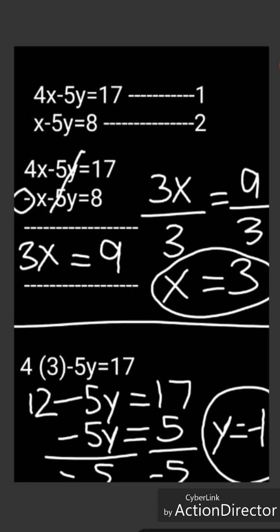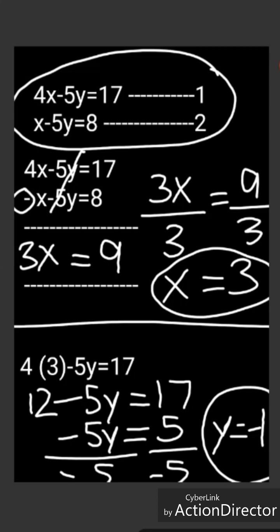And if you want to check your answers, just to be cautious, you could apply it in both of these equations. So you have 4 times 3 and 3 take away 5 times minus 1 equals 8. Do they really work, and do they really equal the answers we want them to equal? And this is a method called the substitution method.